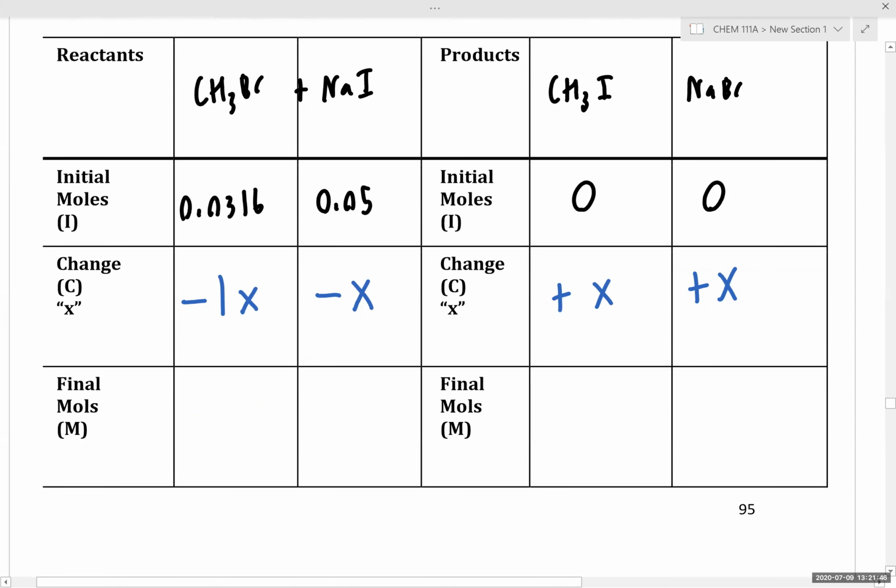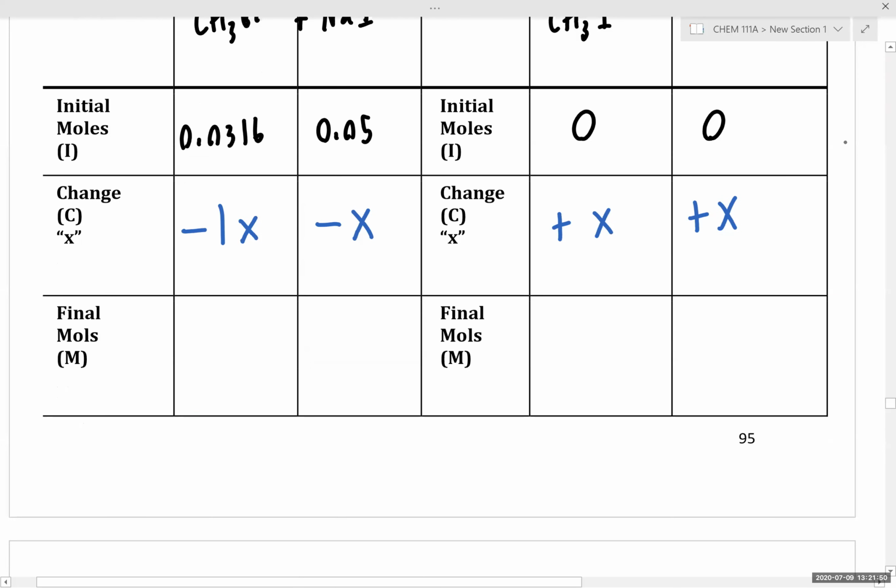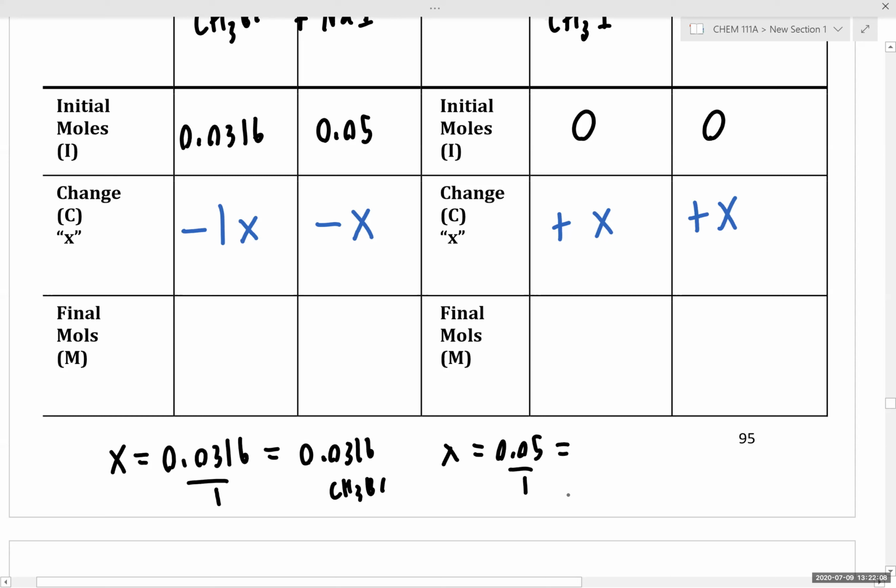So then, what we're going to do next is we're going to solve for x for each of our species. So x is 0.0316 over 1, which is 0.0316. This is for methyl bromide. And x is equal to 0.05 over 1 for sodium iodide.